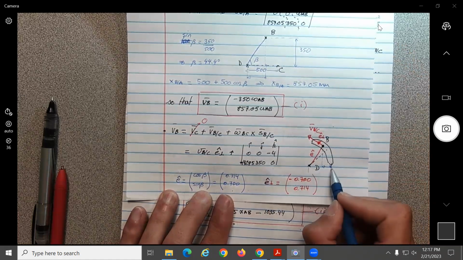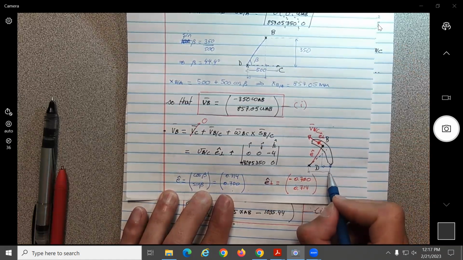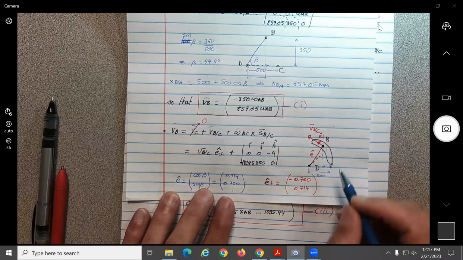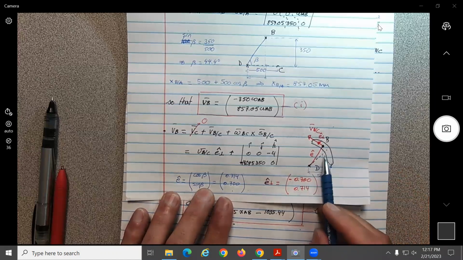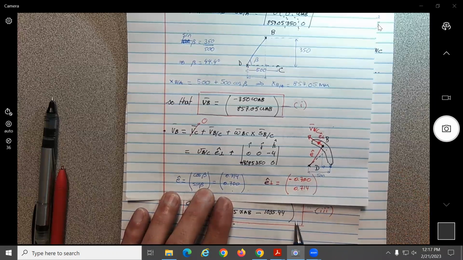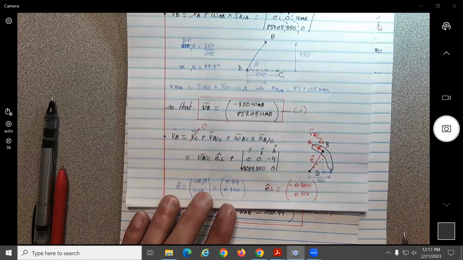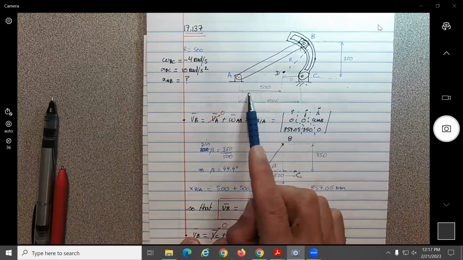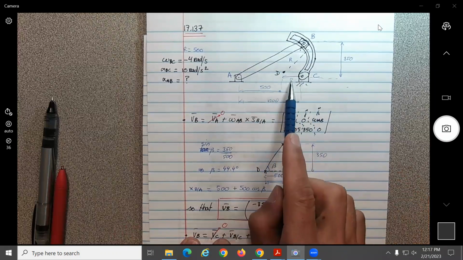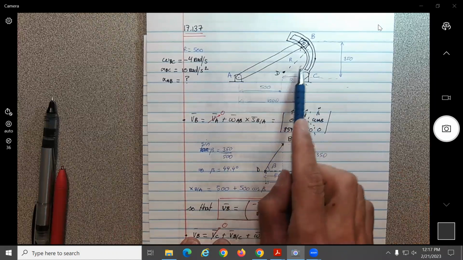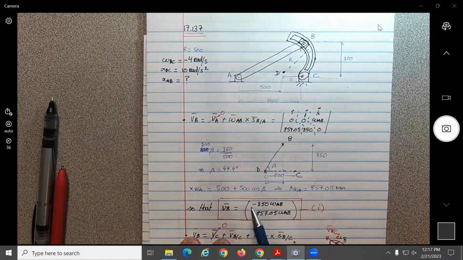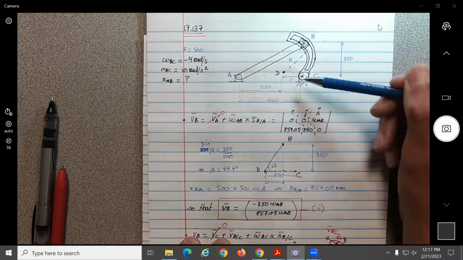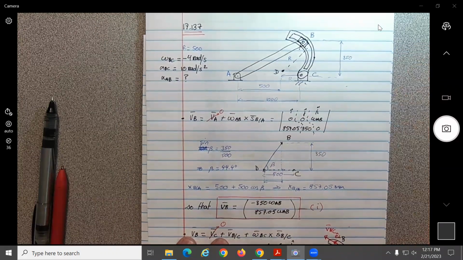What is that distance from here to here? 500, no? So if you want, that distance would be 500 minus R cosine of this angle. But what they did, okay, is that they took the 1,000, the whole distance, minus this one here, minus this one over here, minus the one from B to C. That's why they did it pretty quick.